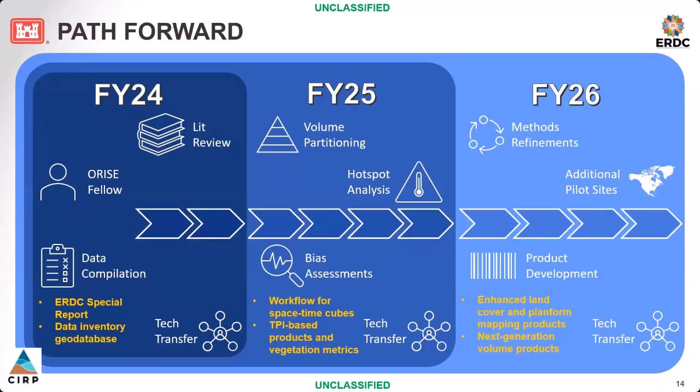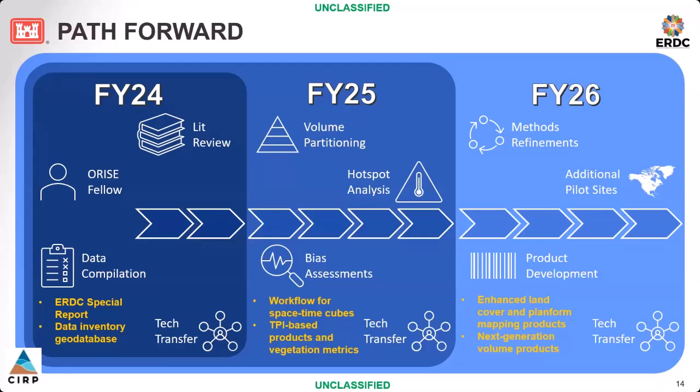And then the other major fork would be this hotspot analysis. We've done some preliminary work on Dauphin Island with hotspot analysis, but the big questions there are what are the parameters that we might use to fill data voids in the data sets? There would be voids temporally, through that time stack of data, but also spatially.